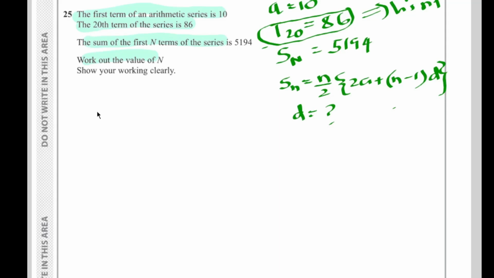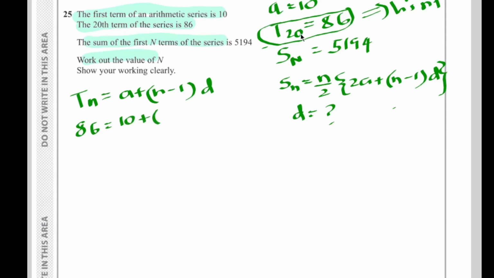Now you need to start off with this formula. The formula for this one is Tn equals A plus n minus 1 times d. Right, let's substitute the values that we already know. Tn, which is T20, is given as 86. So I'm going to substitute 86 here equals A is given as 10, 10 plus n.